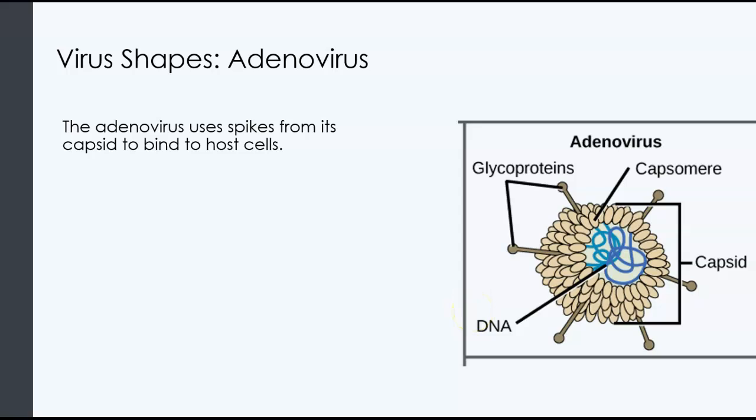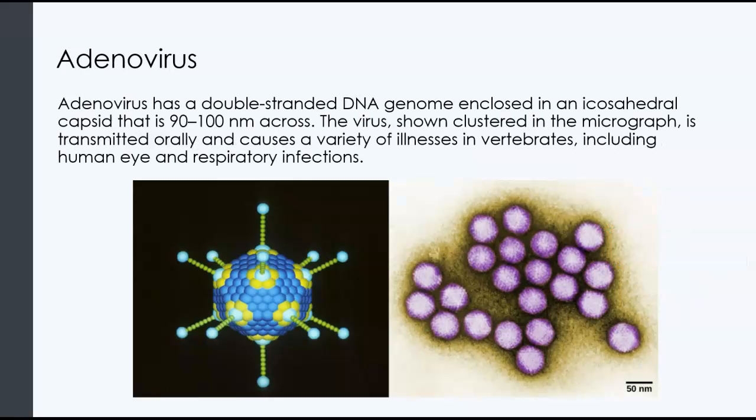Those are the glycoproteins that help the adenovirus attach to the host cell. This is another image of an adenovirus, showing you a little bit better how it's more of a geometrical kind of shape. The word used is icosahedral. Icosahedral shape looks like this, or similar to it.